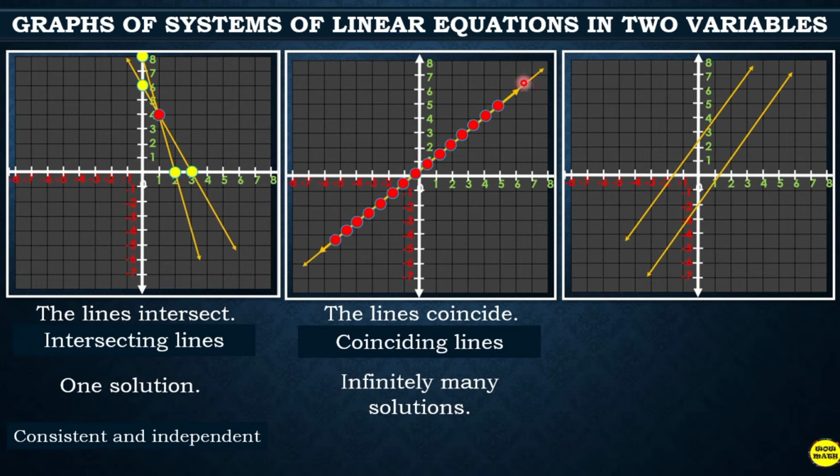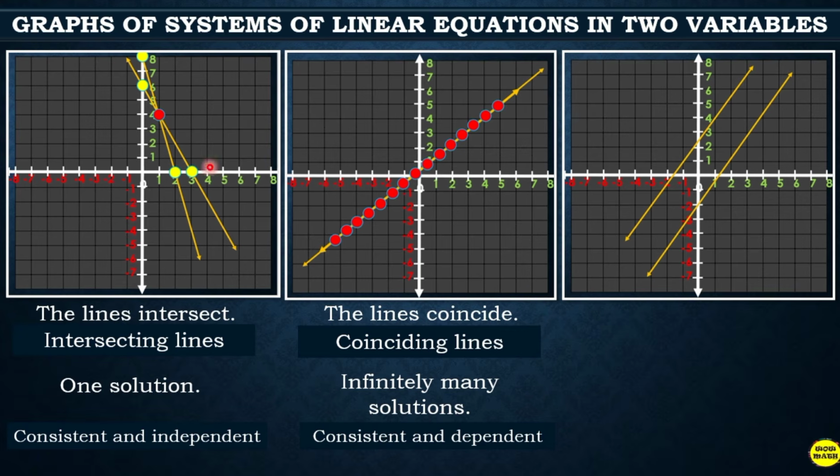Kasi, since same line sila, ibig sabihin lahat yan solutions niya. Kasi lahat, hindi lang sila nag-intersect sa one point eh. Nag-intersect sila sa lahat. Okay? So therefore, infinitely many solutions. And this is what kind of system? Consistent and dependent.